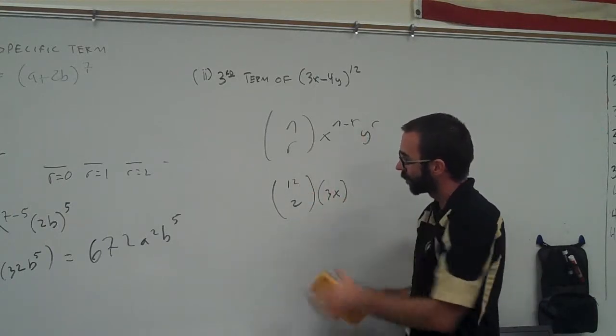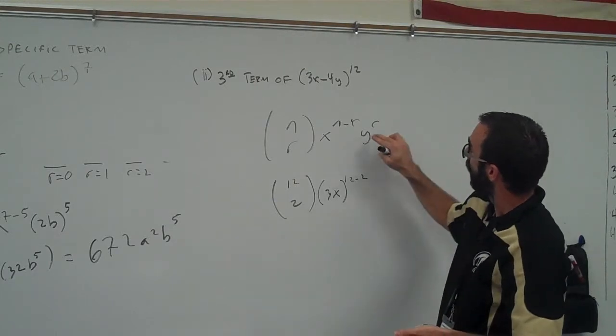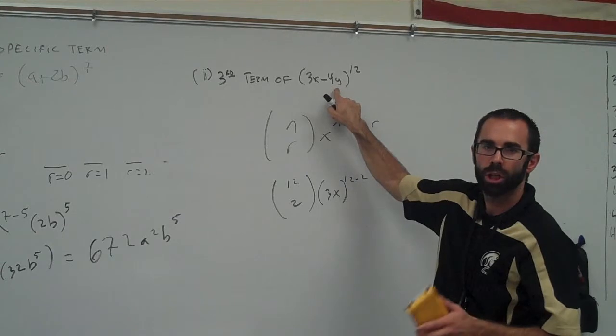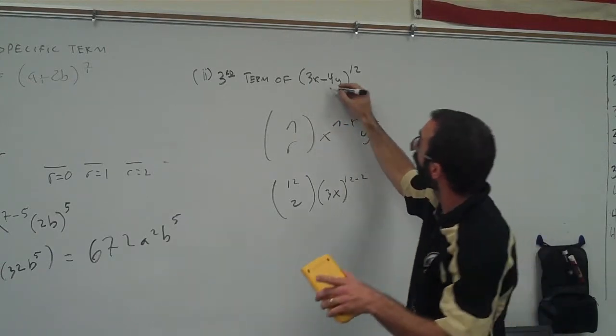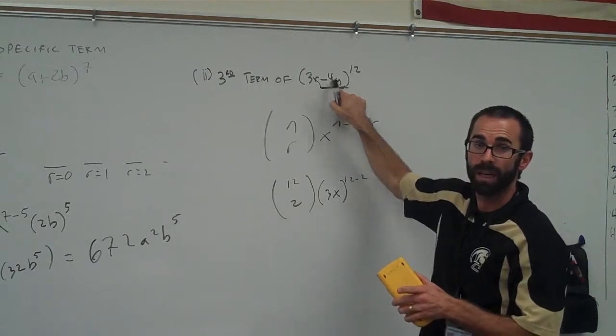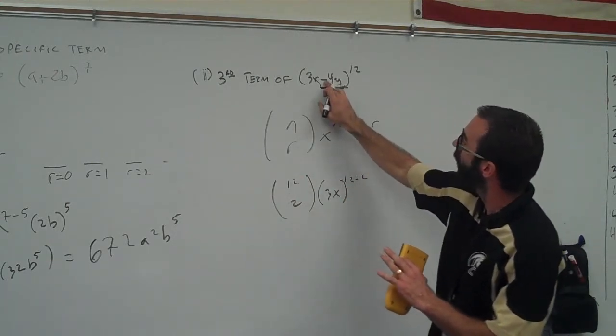So 12 minus 2. We're going to get a pretty big number here. And then we take our y term, which is our last term. Little trickery right here: our y term is the entire thing, even with the negative, because you can always tell whether it's positive or negative by including the sign.